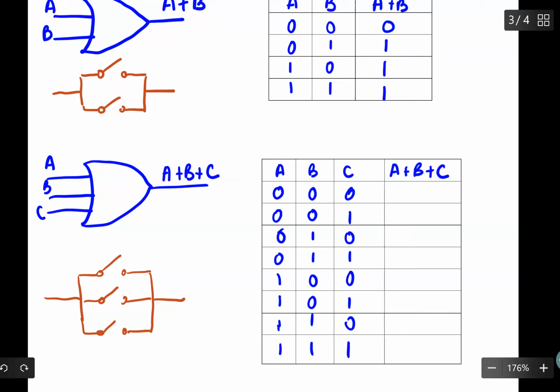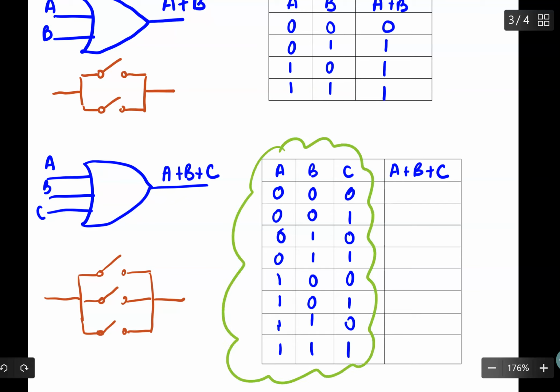Again, I emphasize to everyone that we should be consistent. In this class, we will always start our truth table with this pattern. The first 4 are 0 for A, the last 4 are 1s for A, and then B will start with 2 0s, 2 1s, 2 0s, 2 1s, and alternating 0 and 1 for C. We always start our truth table with 0.